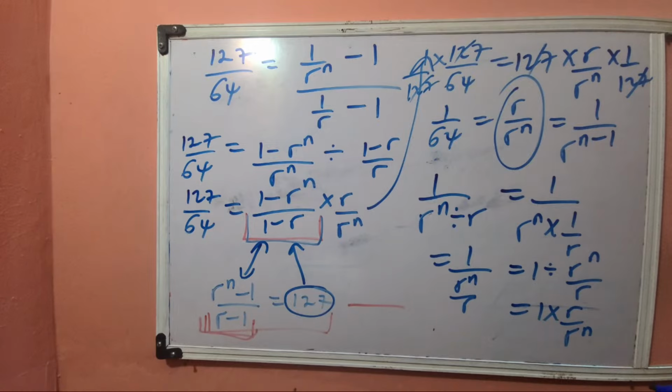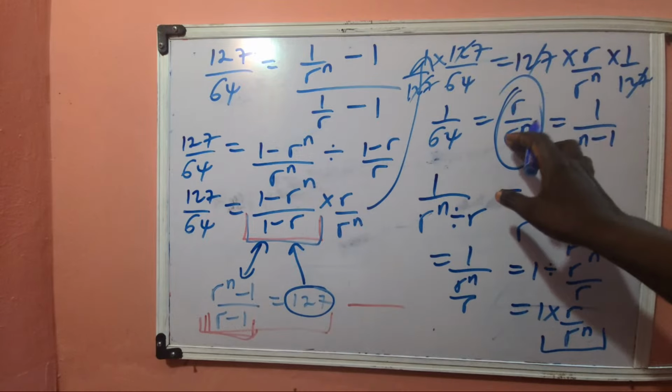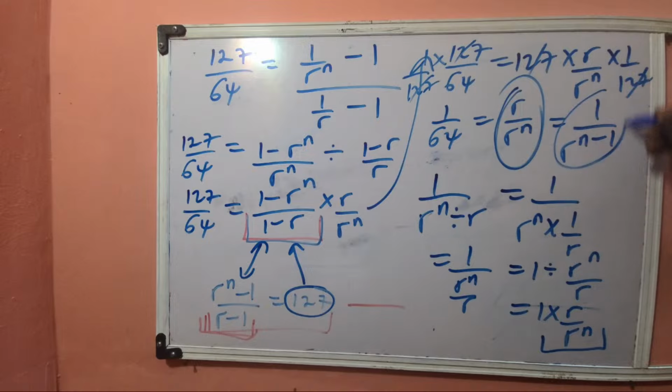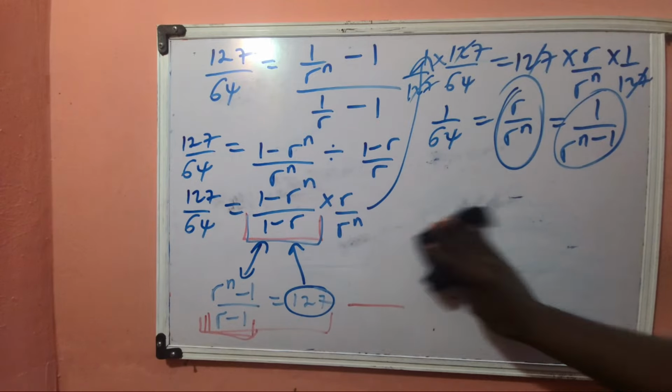Can you see that what we have here is the same thing as this? So I can rewrite r over r raised to power n as this particular function. So instead of writing r over r raised to power n, I'll be having it as 1 over r raised to power n minus 1.